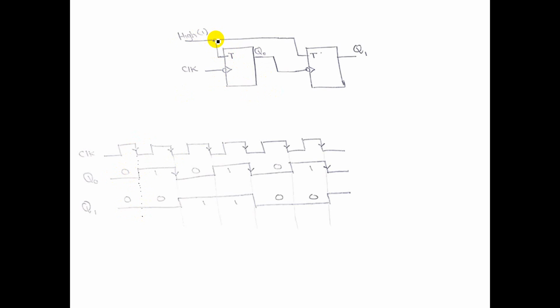So if the input is high, it means it is going to complement your current state. The current state here is reset, so it will complement and make it set here. And this set will remain the same value until the next negative edge of the clock. On the next negative edge of the clock, again the flip-flop will check the value of T, which is obviously high here, so it means it will complement again, changing from set to reset state here.